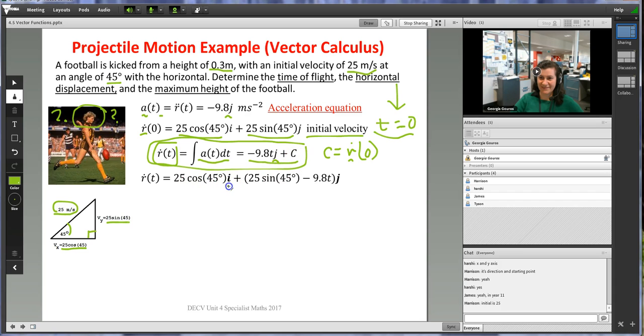There's the i component, 25 cosine of 45, and the j component, 25 sine of 45 degrees minus 9.8 t in the j direction. Can you see what I've done here? This is now the velocity vector equation for the motion of that football under the influence of gravity. Can you see it's got a horizontal velocity component and a vertical velocity component affected by time?